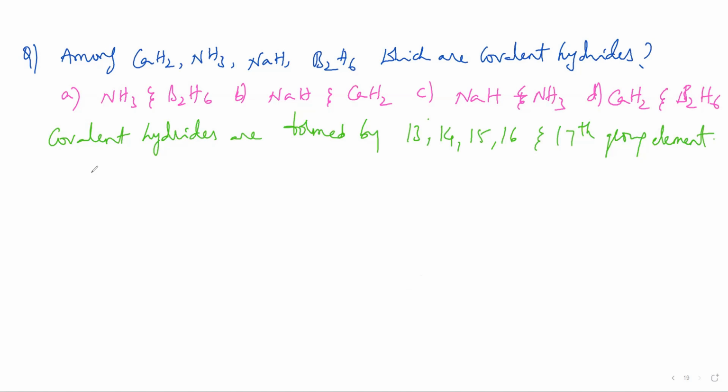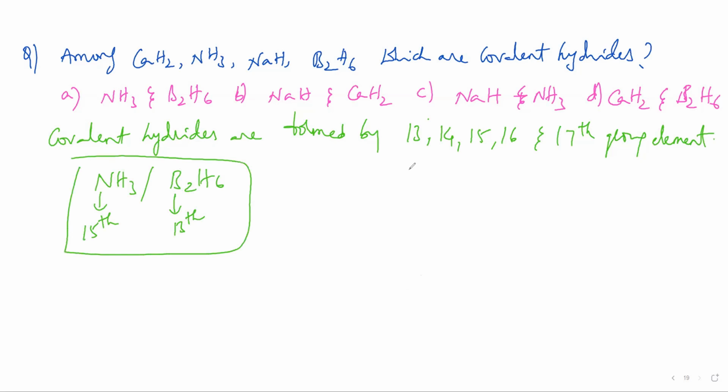Let us see first option. What is that? Ammonia and diborane. Now in this ammonia, which group? 15th group, boron, 13th group. So these both are belonging to elements which can form covalent hydrides. That means 15th as well as 13th group elements are able to form covalent. So both are covalent. So first option itself your answer. Right.